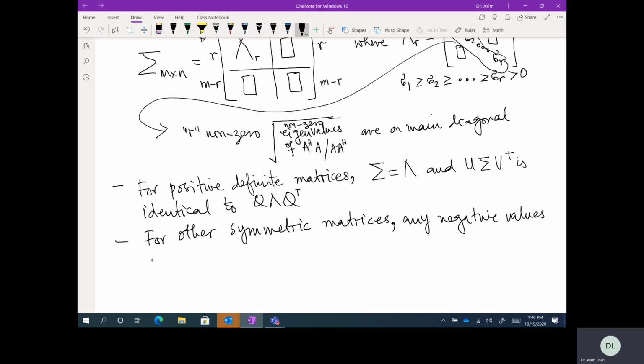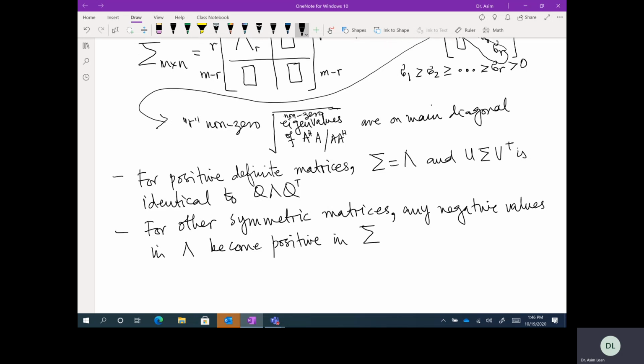Any negative values in lambda become positive in sigma.